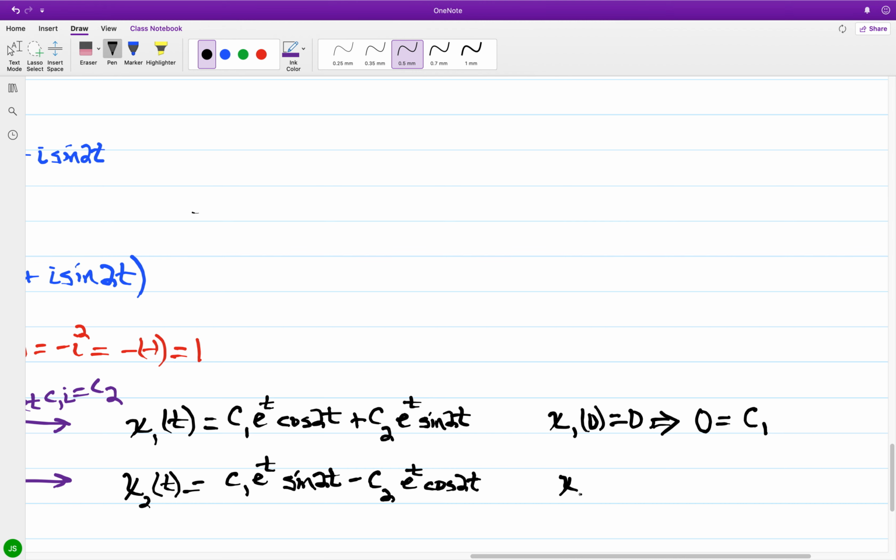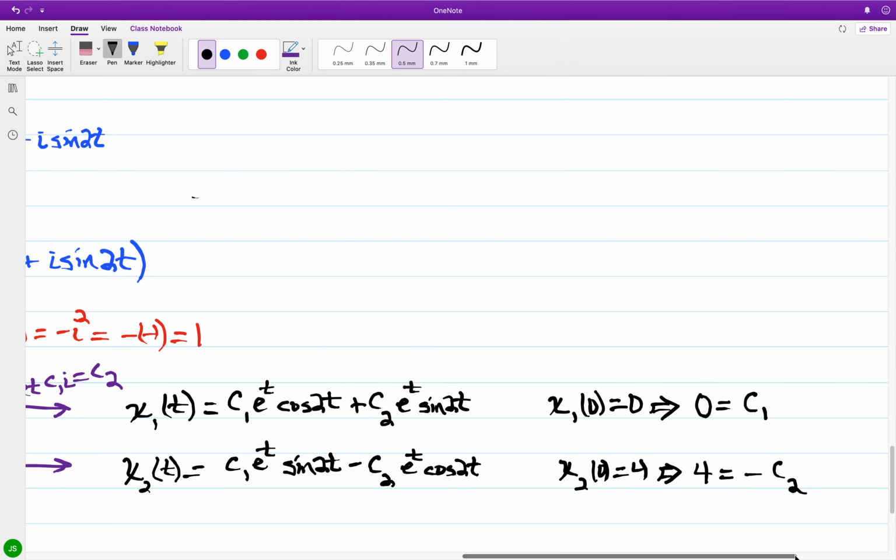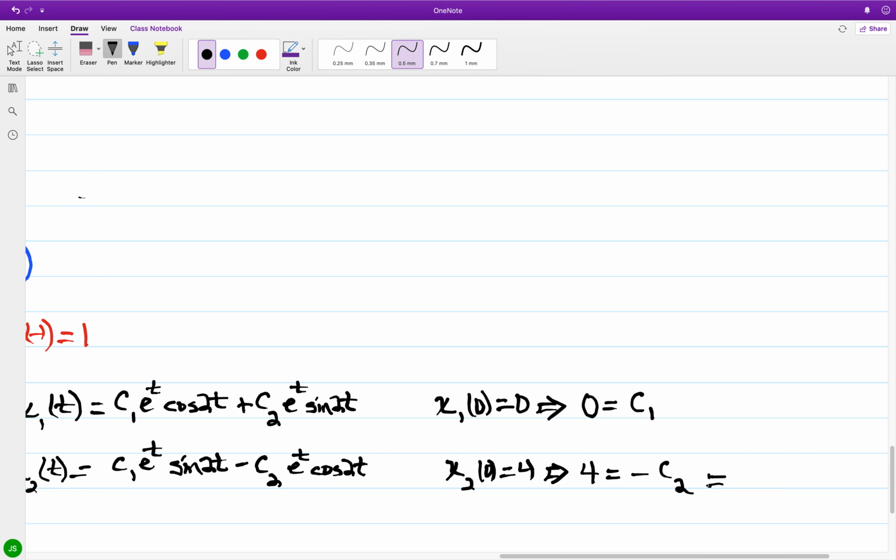And for x2 naught, x2 naught is equal to 4. So I have 4 is equal to, c1 is going to go out since the sine of 0 is 0, and I have 4 is equal to negative c2, since e to the 0 and cosine of 0 are equal to 1. It follows that while c of 1 is equal to 0, c of 2 is equal to negative 4.